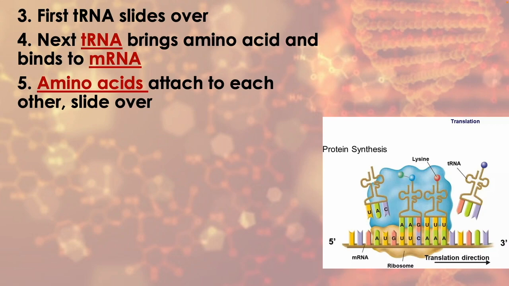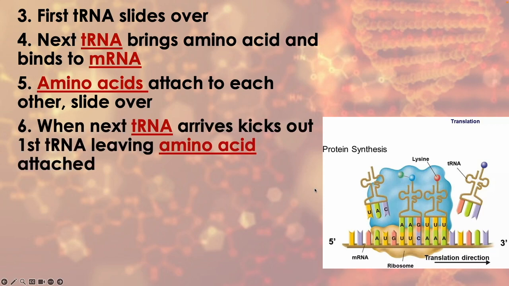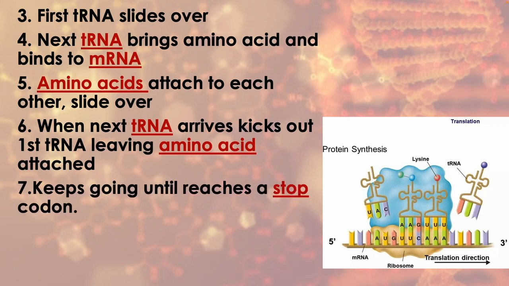It's going to continue to do this, and every time it gets to the 3rd position over here, whatever tRNA was there, now its amino acid is stuck to the one before it, and it gets kicked out and can go and find another amino acid to pick up. So when the next tRNA arrives, it kicks out the first one, leaving the amino acid attached.